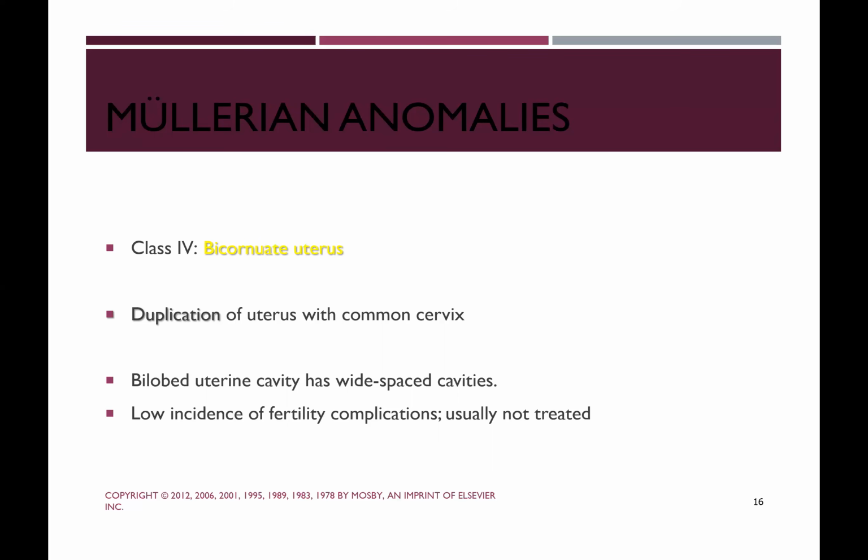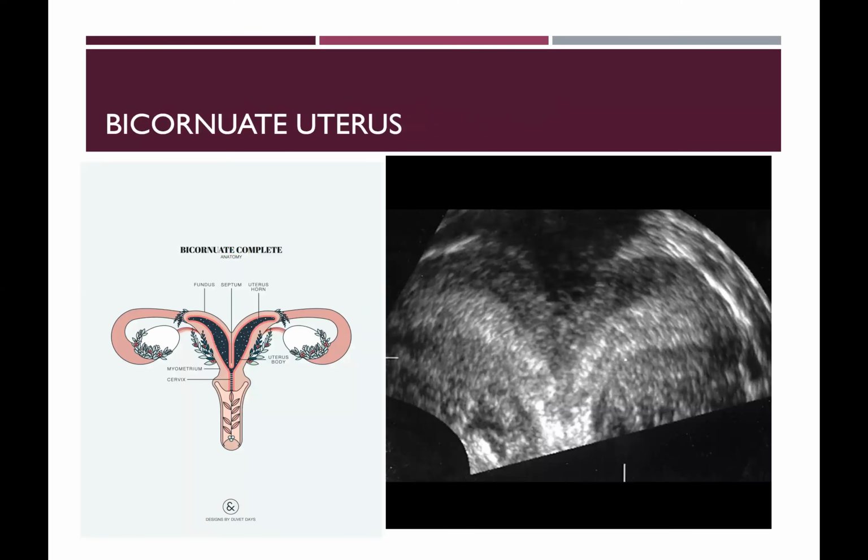But most of the time, these moms do pretty good. This is what a bicornuate uterus looks like. I thought that was a cute picture. It doesn't usually have a septum going down that far, but you have two horns.